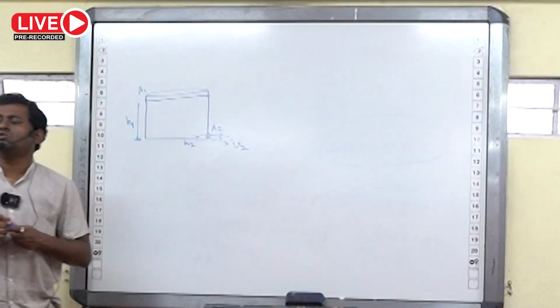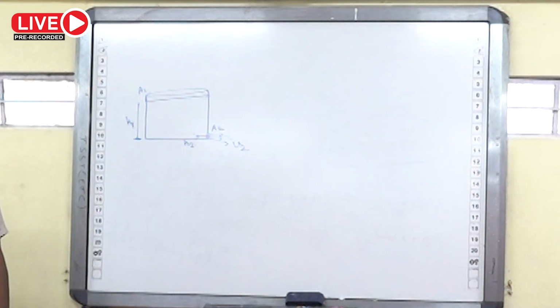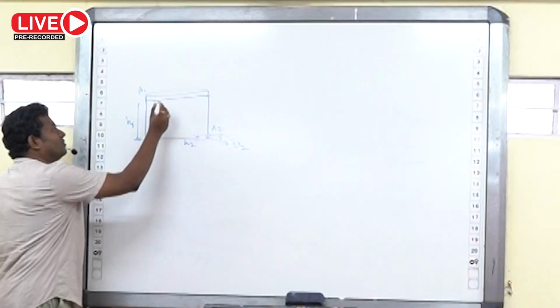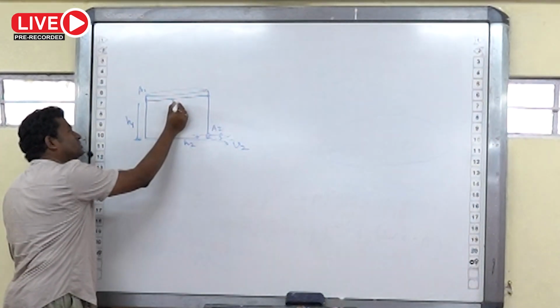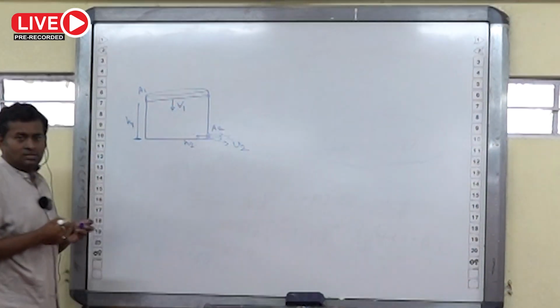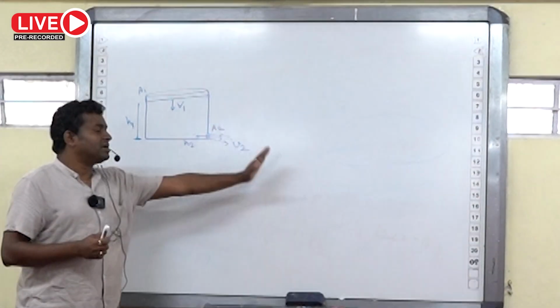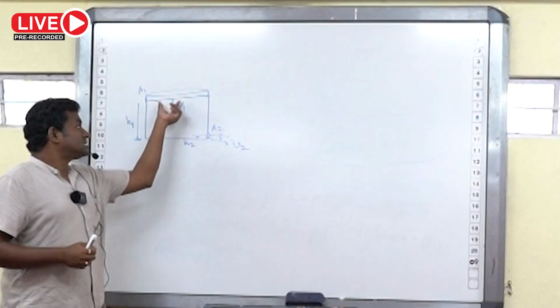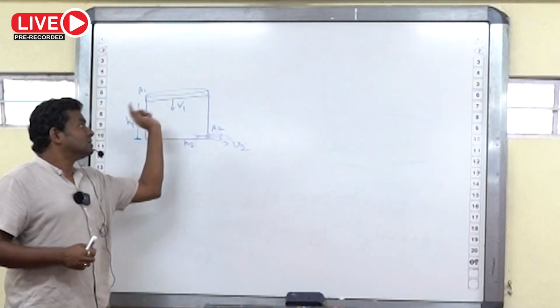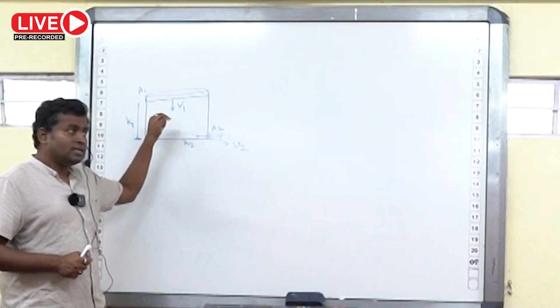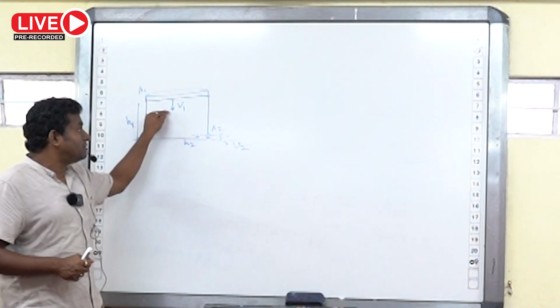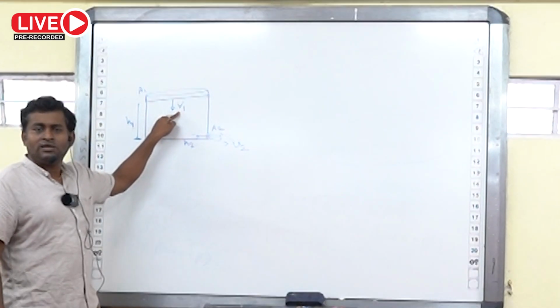Then from this portion water will come down with a velocity, say v1, because as water is coming out of this hole, the height of the water in the cylindrical tank will decrease. So this top surface will come down with a velocity, say v1.